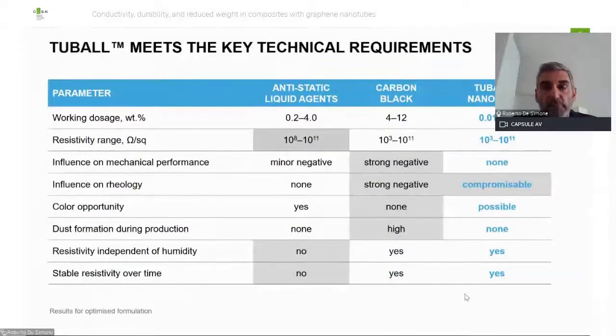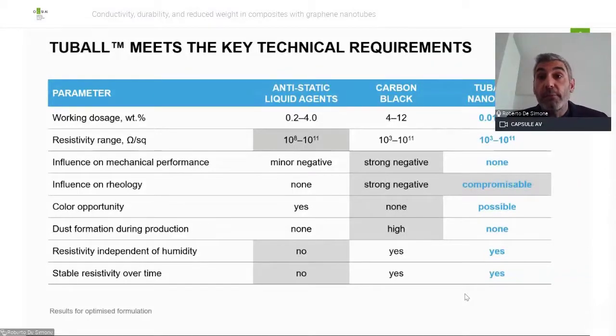So it's possible to achieve different colors because of the extremely low loading level of tubal inside. This is just a very brief table to compare the very standard electrical conductivity agents with the tubal benefit. We have the antistatic liquid agent, the carbon black, which is very common, very traditional, I would say, and tubal as nanotubes. The first important thing to highlight is the working dosage.